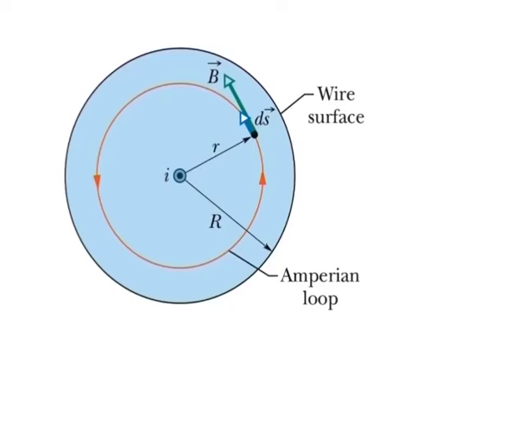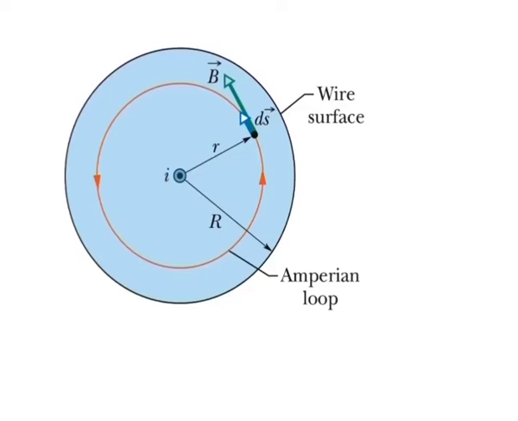Because the current is uniformly distributed over a cross section of the wire, the magnetic field produced by the current must be cylindrically symmetrical. Thus, to find the magnetic field at a point inside the wire, we can again use an Amperian loop of radius r, where now small r is less than capital R.